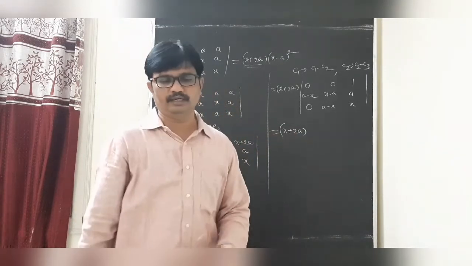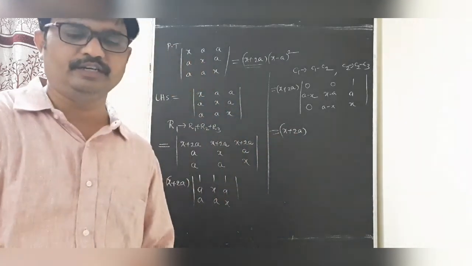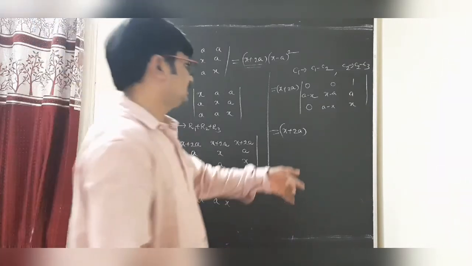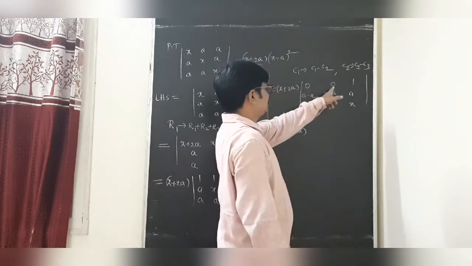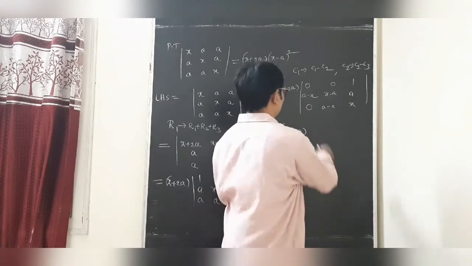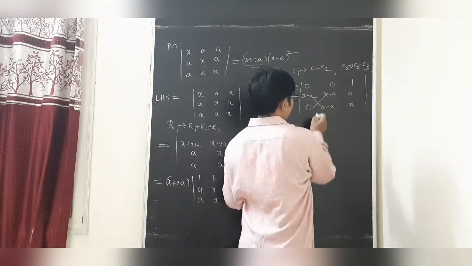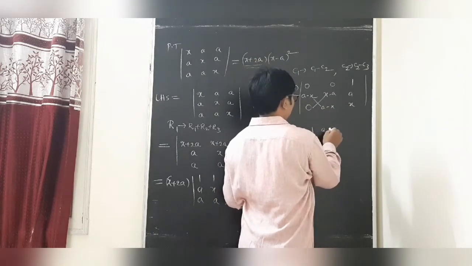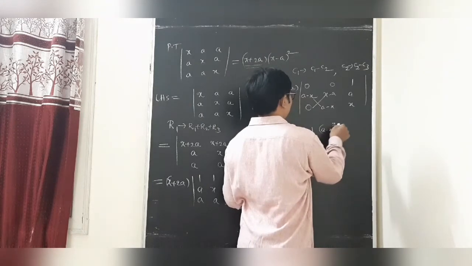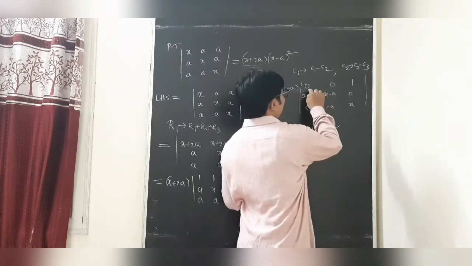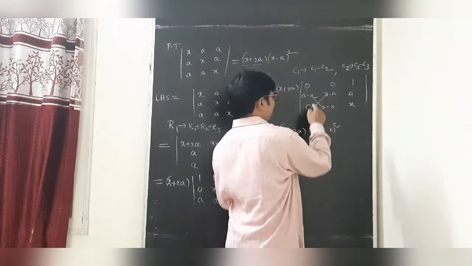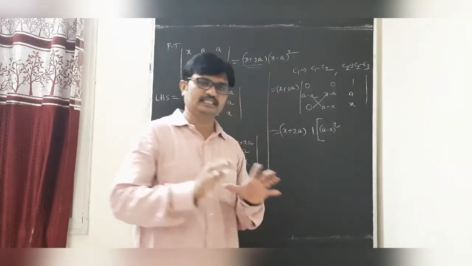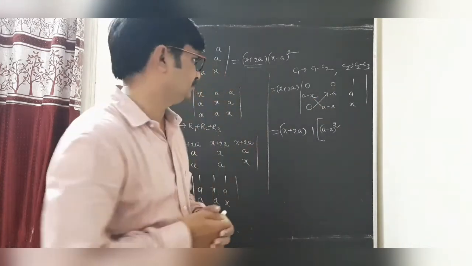To find the determinant, expand along the first row: 0 minus 0 into 1 into AD minus BC. AD is a minus x into a minus x, so a minus x whole square.